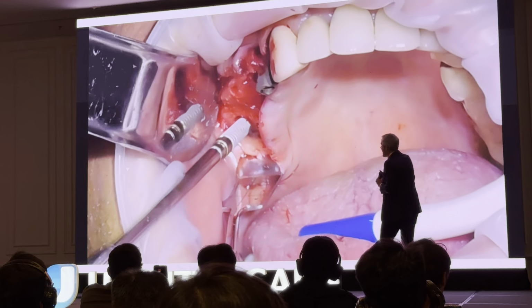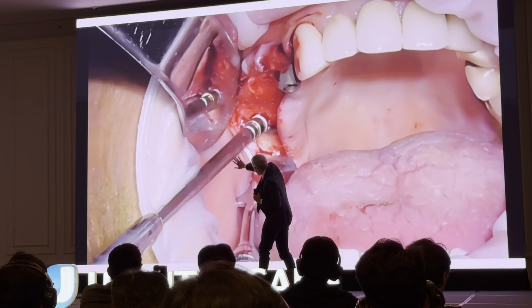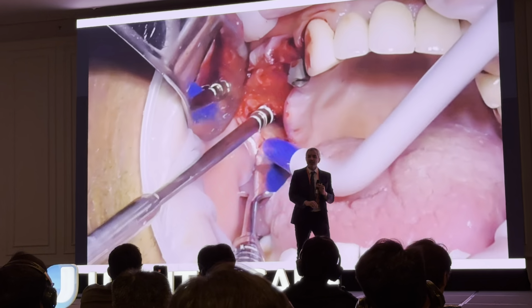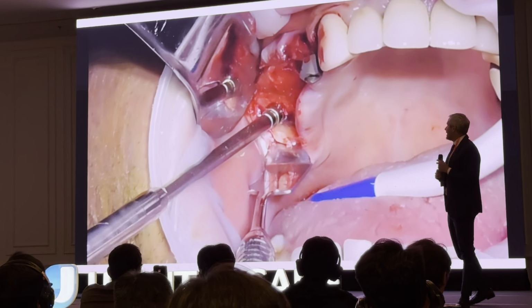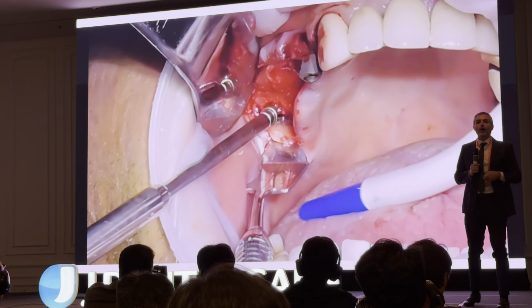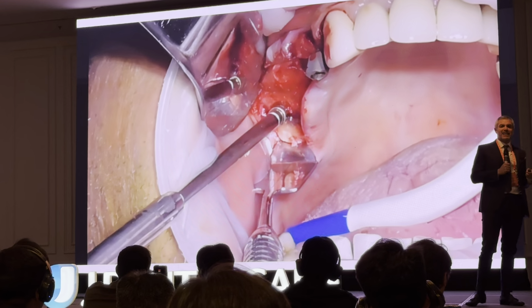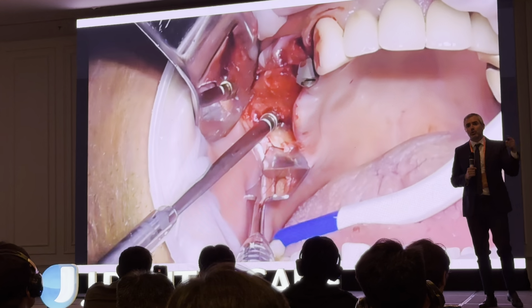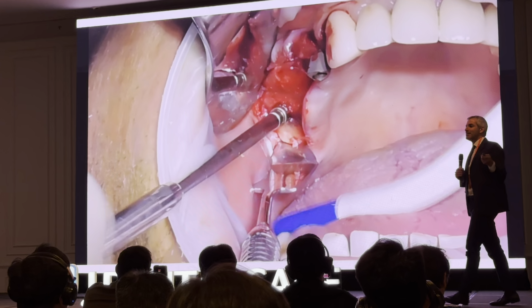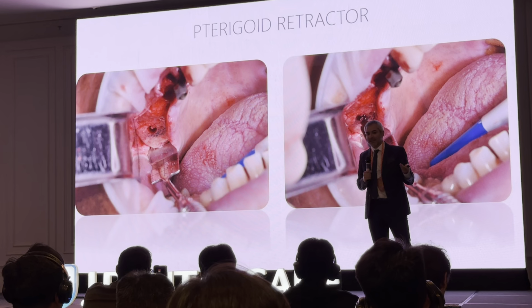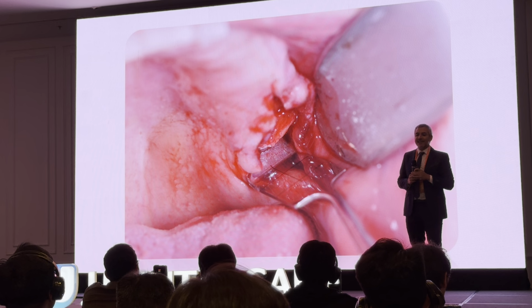And then by hand, and look, I'm always parallel to the vertical line. By hand, I put my pterygoid implant, obtaining a high, really high, sometimes too high primary stability that permits me what? Immediate loading. Okay?